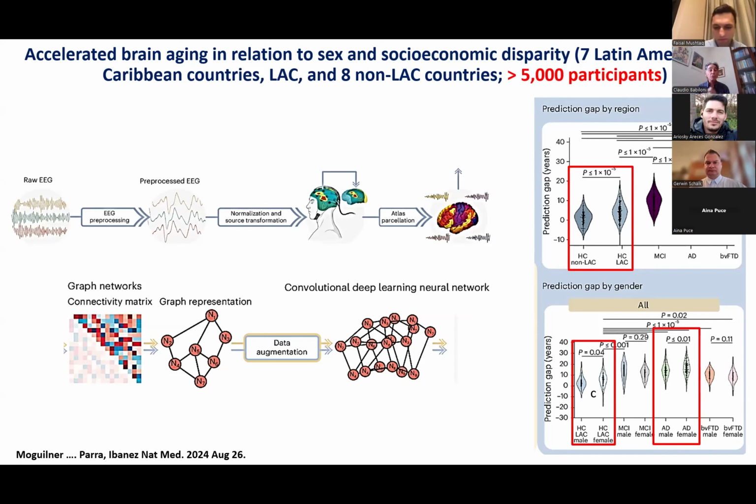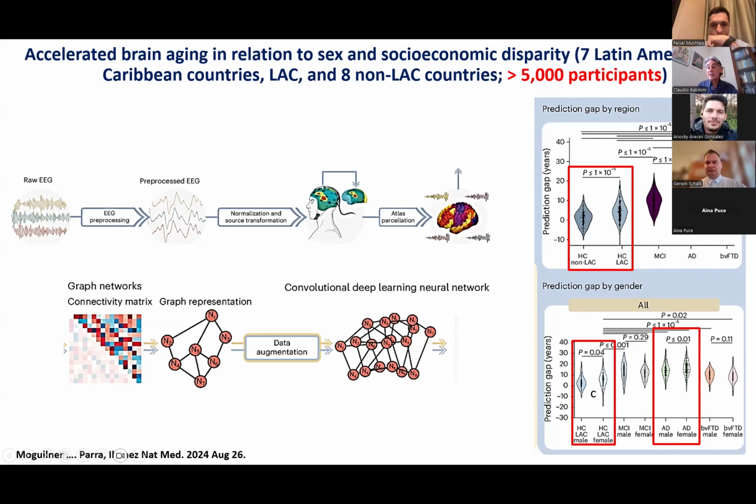And so they concluded that persons living in Latin American, Caribbean countries have some accelerated brain aging, and so are more prone to neurodegenerative diseases related to age.